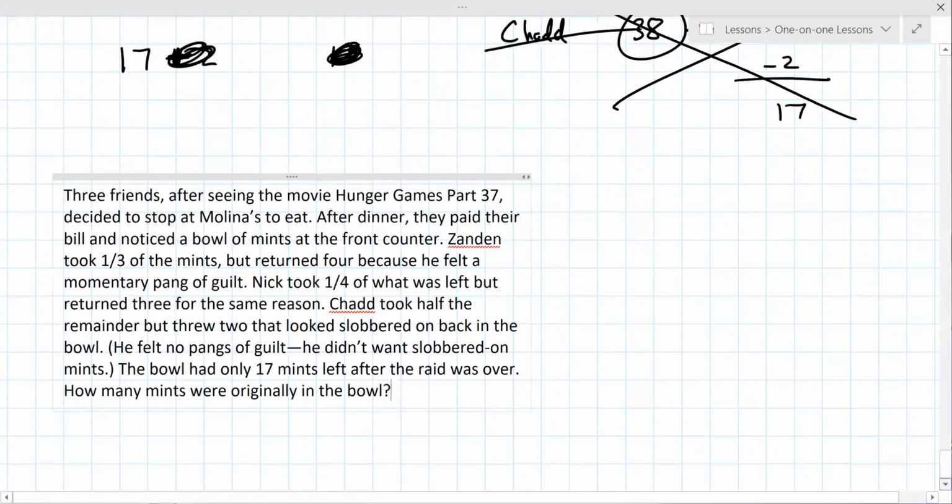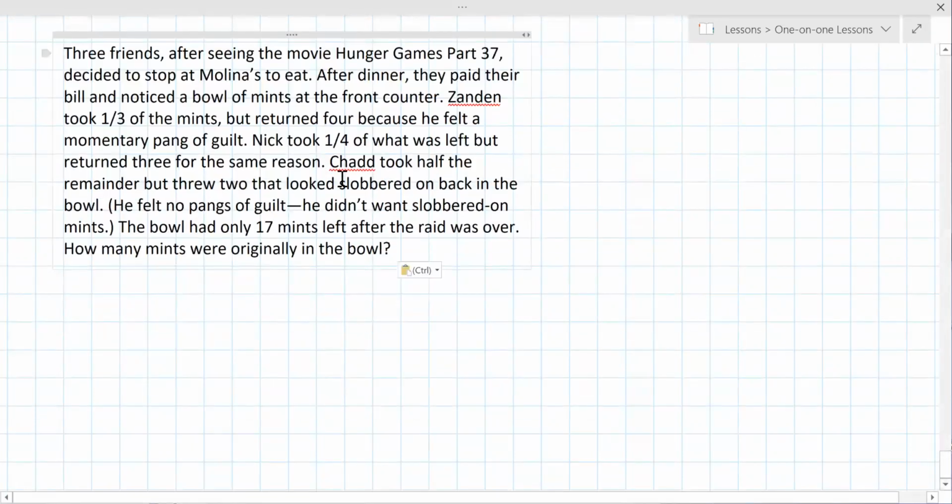Okay, sorry, I really apologize because I'm not making this clear. So the bowl had 15 in there, but then Chad added two to it because it said he threw two that looked slobbered on back in the bowl. The start here is that there was took half, and we'll say of 30 here. So half of 30 is 15.